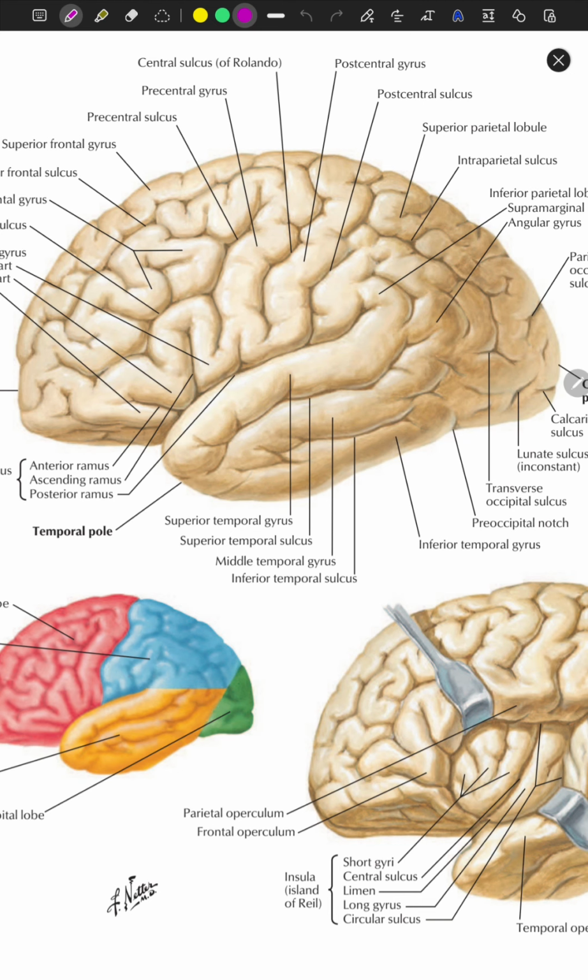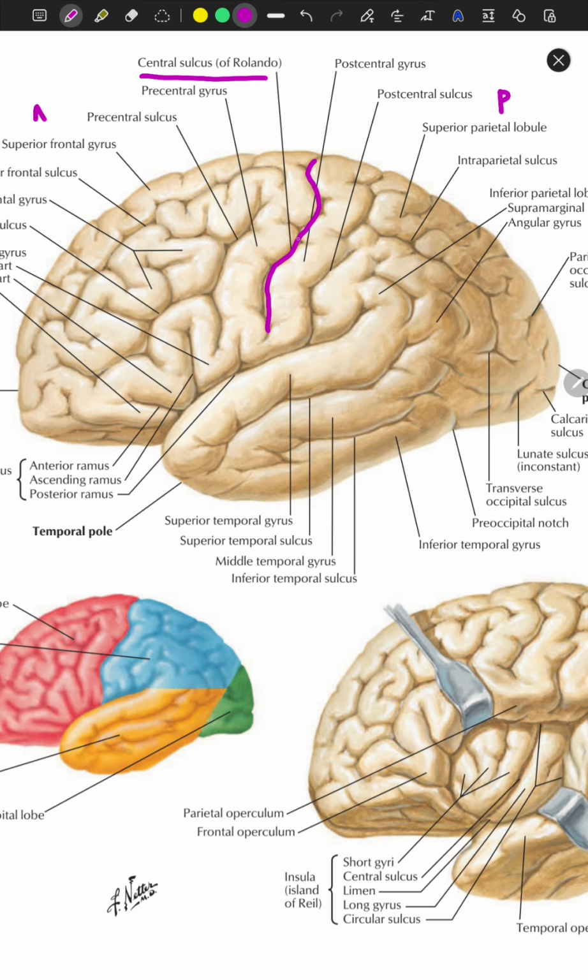Now about the gyrus. So this is the central sulcus of Rolando, where this is anterior and this is posterior. In front it is motor and behind it is sensory.